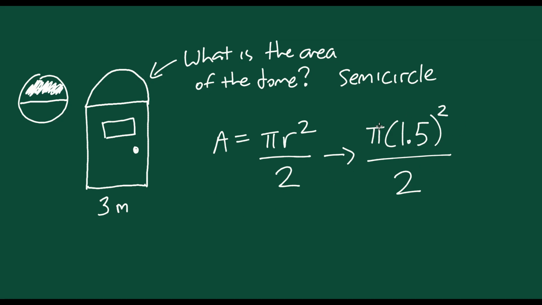Pi times 1.5 squared divided by 2, and you would get that the area for the semicircle is approximately 3.5 meters squared. That would be the area right here.